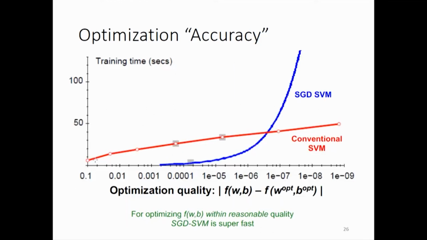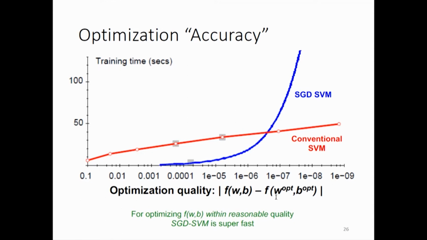The key thing to note here is that this plot, from the same paper, is also a very crucial plot. The x axis is the quality of the optimum.